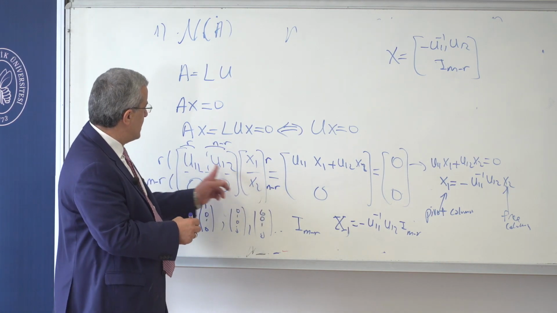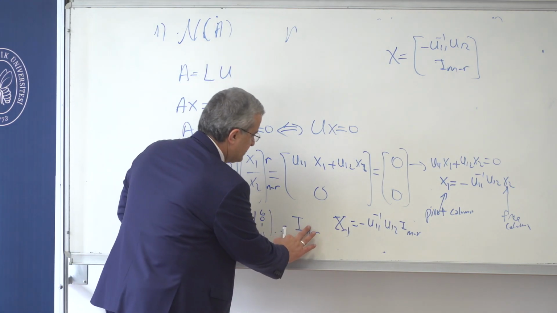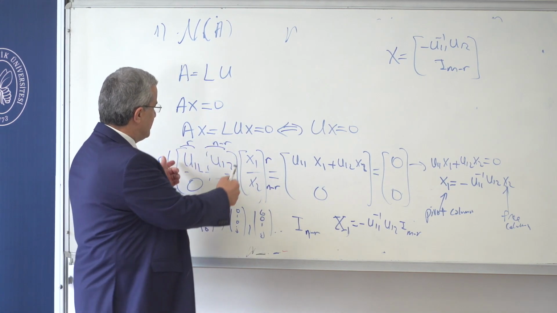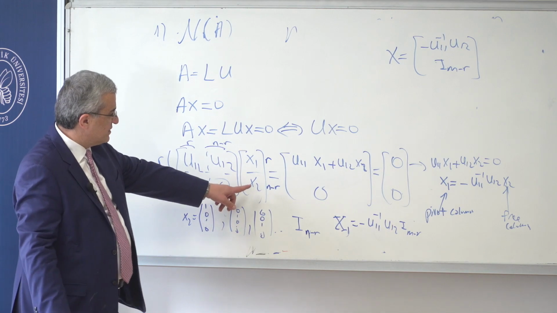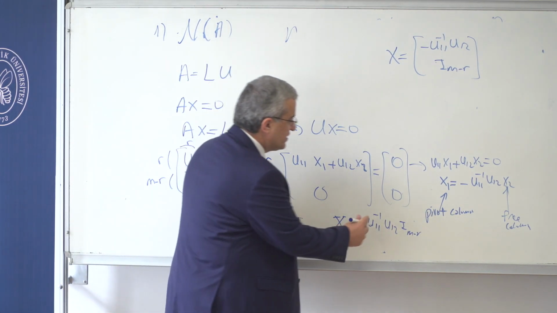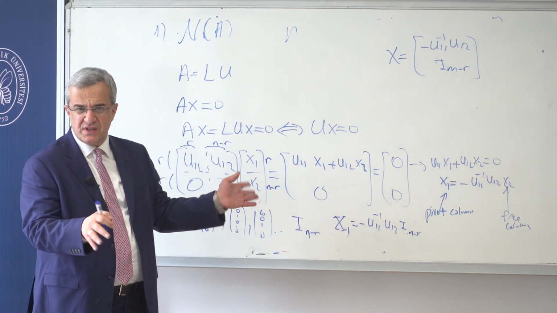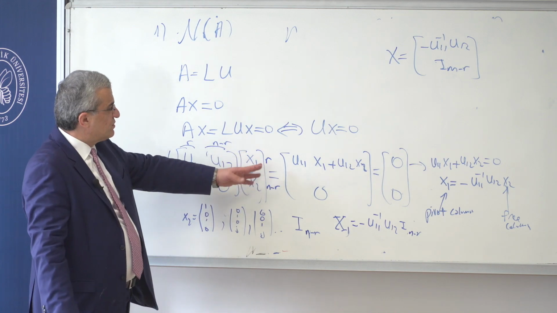N, no, n, I was wrong there. You are multiplying it, like this is n minus r, okay? This is n minus r. So please correct it, n minus r.